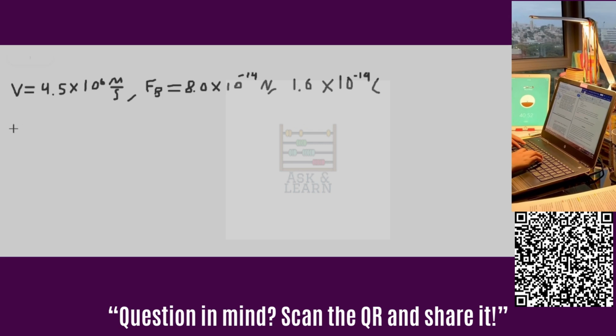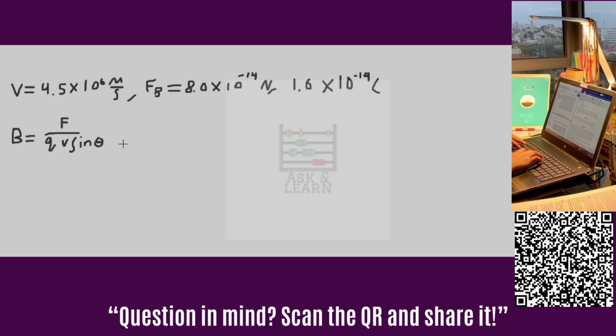Now the equation we're going to want to use to find the magnetic field is given by B is equal to F divided by the charge multiplied by V sine of the angle between the velocity and the force, theta.